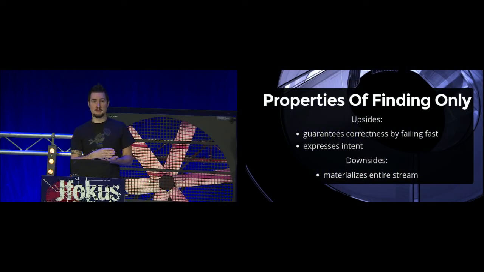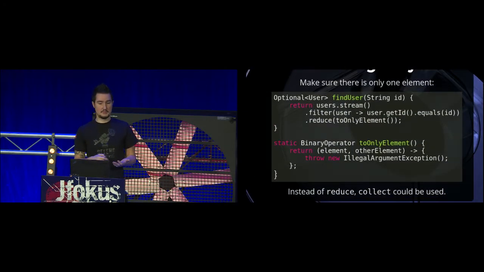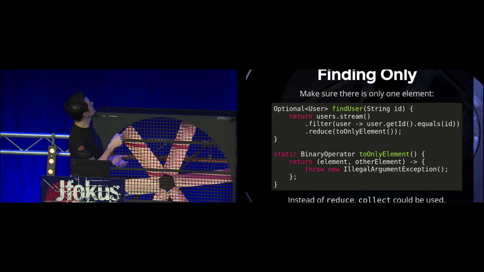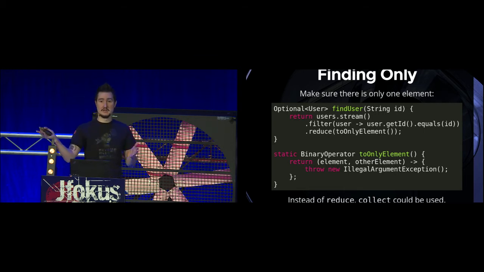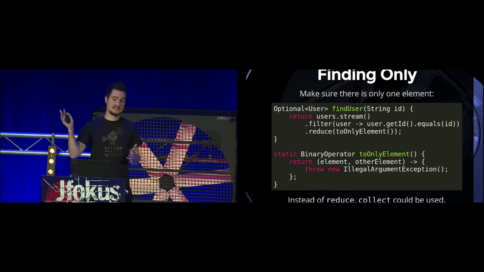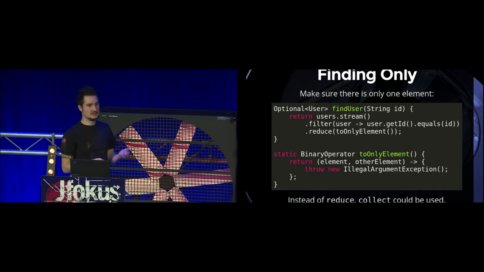The downside of reduce to only element is it processes the entire stream. So if we look back here, if we have like 1 million users, and the filter returns only one, if I use find first, and the second user is the one I want, I'm done. And I never process the other 999,000 something elements. With reduce, that doesn't happen, right?